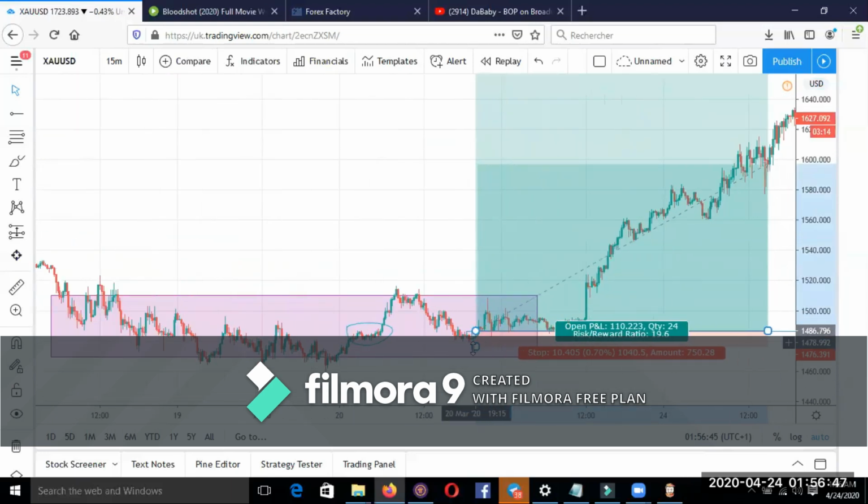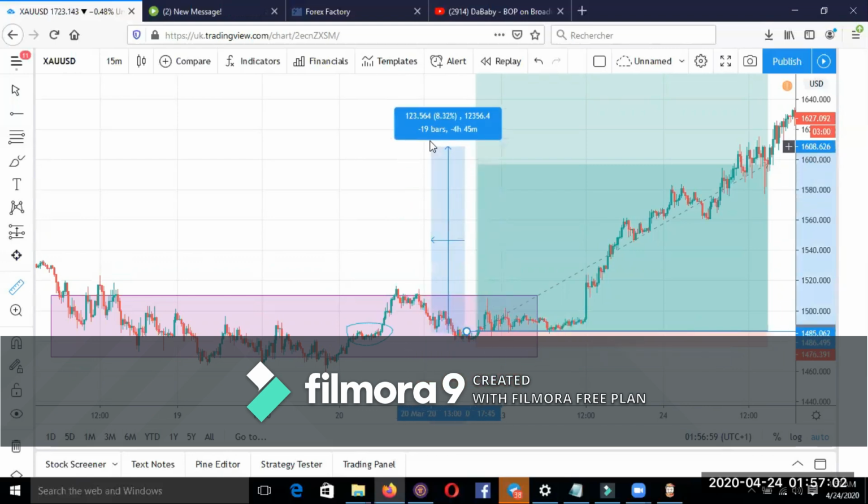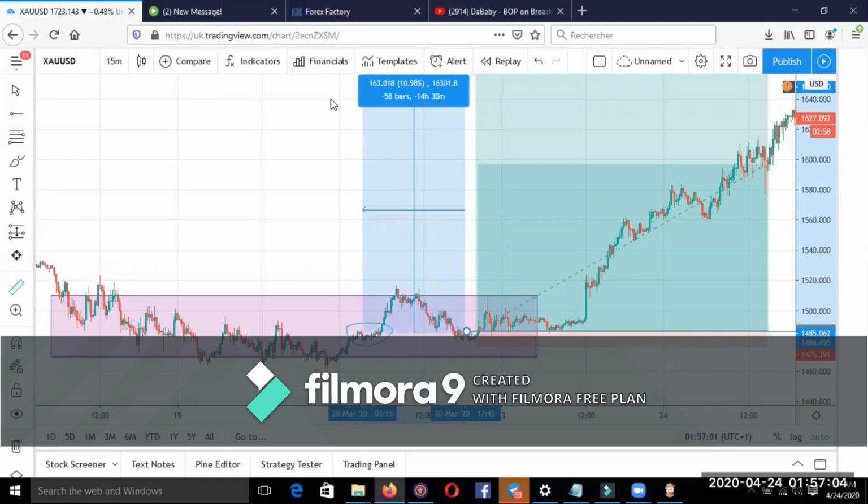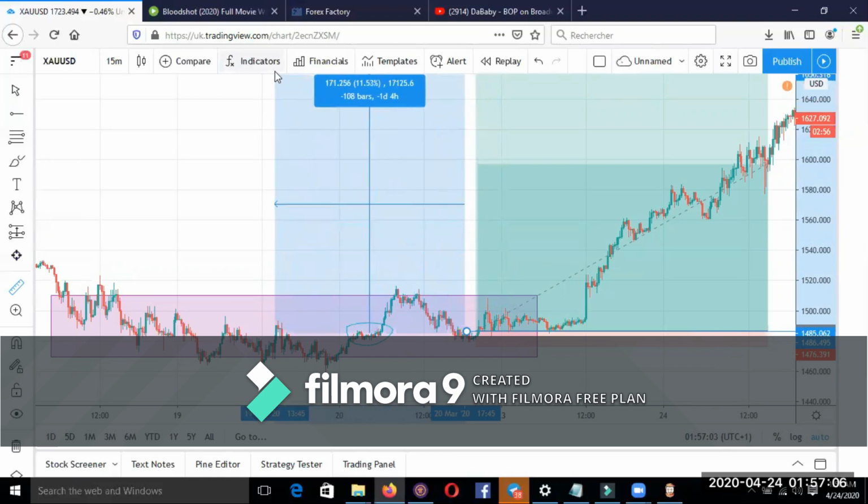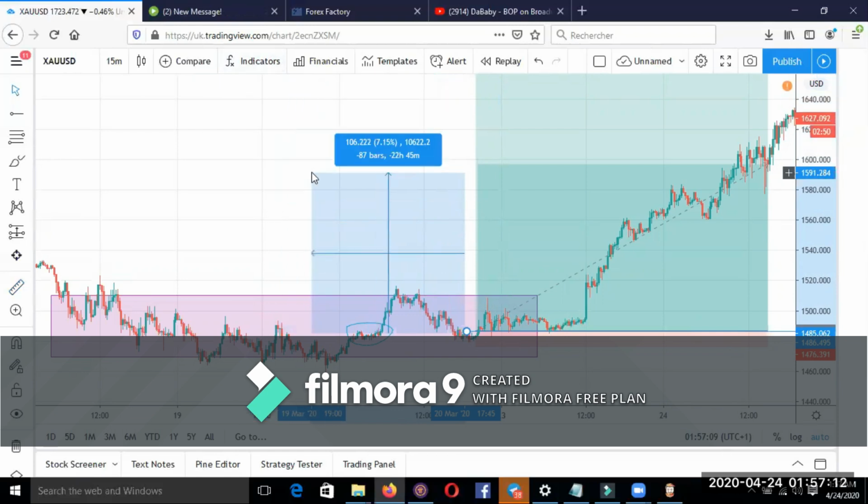Now check this stop loss here, from here to here. Crazy, right? A 10 pip stop loss. He used a 10 pip stop loss for a 200 pip objective. Crazy, right? Now you see how accurate this can be.